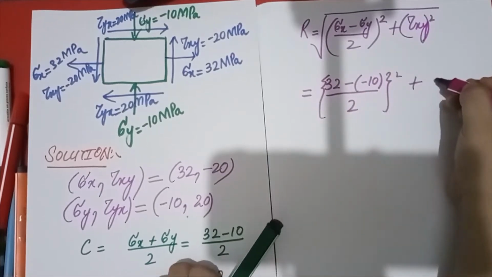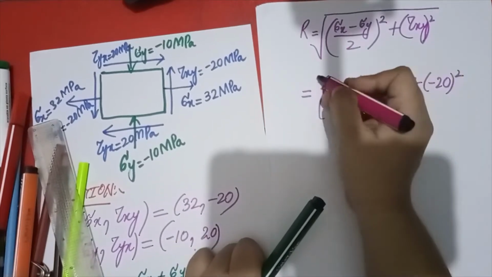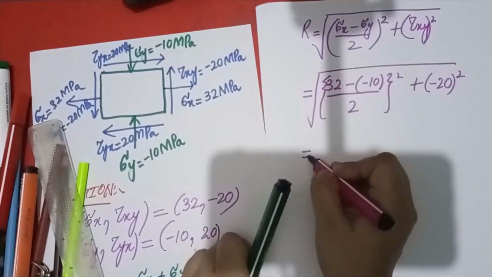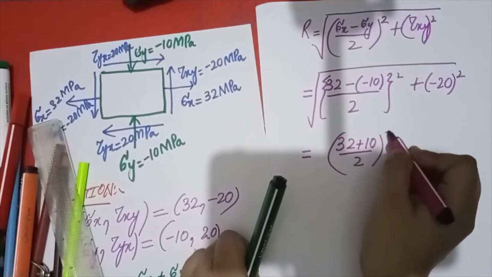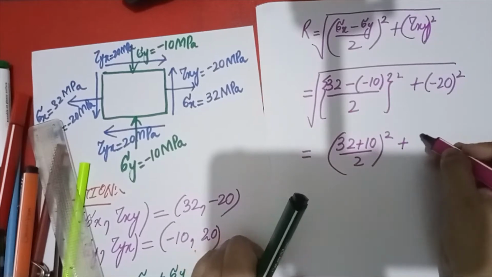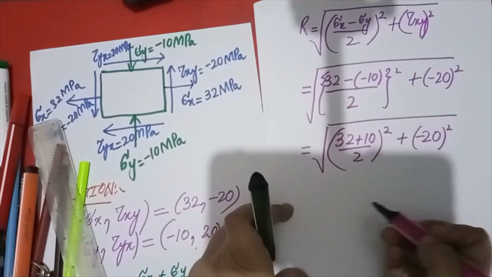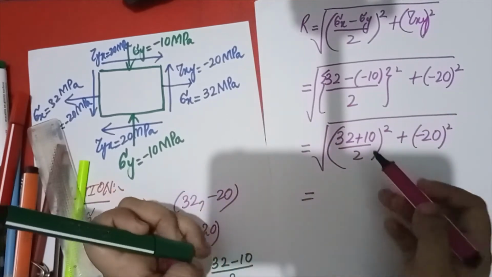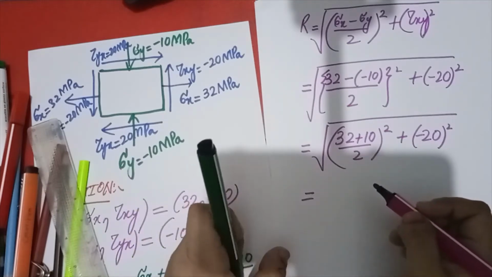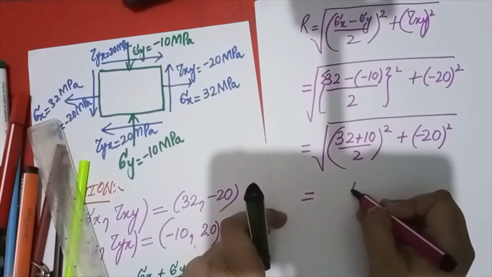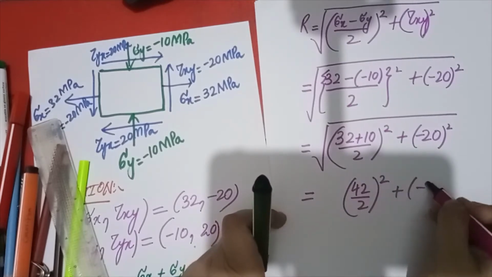And tau xy was also given to us: minus 20, so minus 20 squared. So it becomes 32 plus 10, that is 42, divided by 2, squared, plus minus 20 squared.